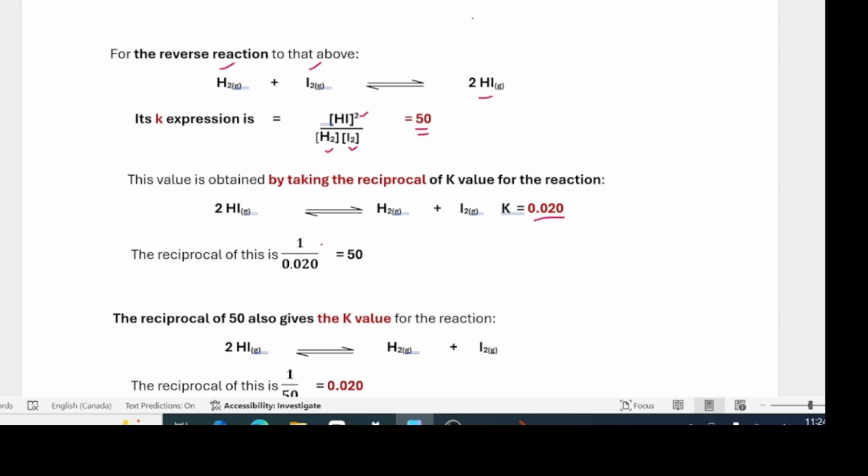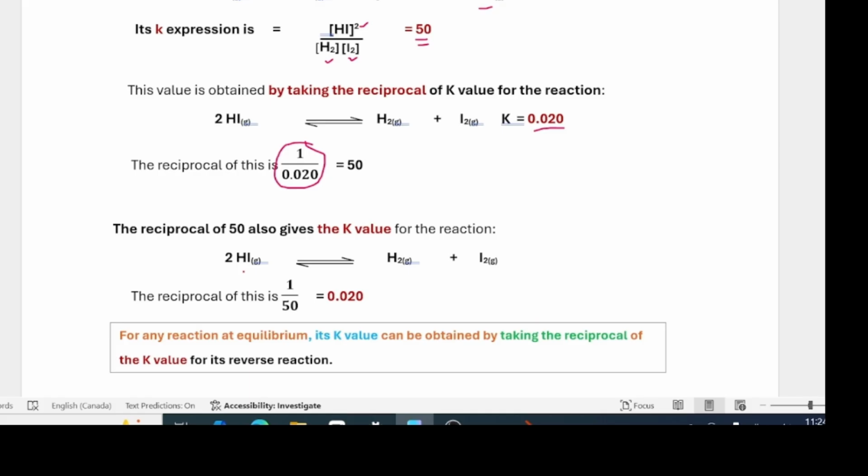If we took the reciprocal of this, 1 divided by that, it turns out to be 50. So this reaction had an equilibrium constant which is equal to the reciprocal of what this is.